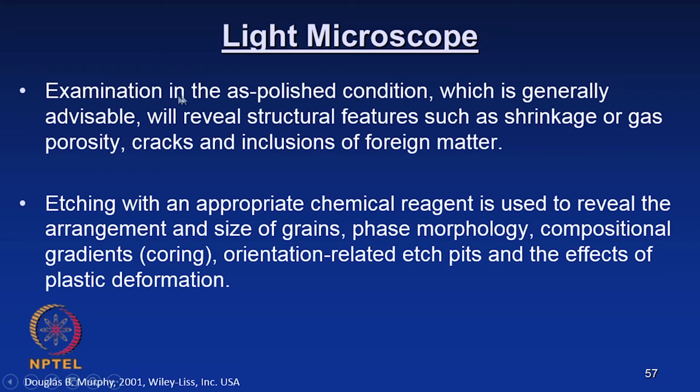Examination in the as-polished condition, which is generally advisable, will reveal structural features such as shrinkage or gas porosity, cracks, and inclusions of foreign matter. And for that we need to do something called etching. I will be dealing with it in much more detail when I talk about sample preparation for all these microscopy techniques.